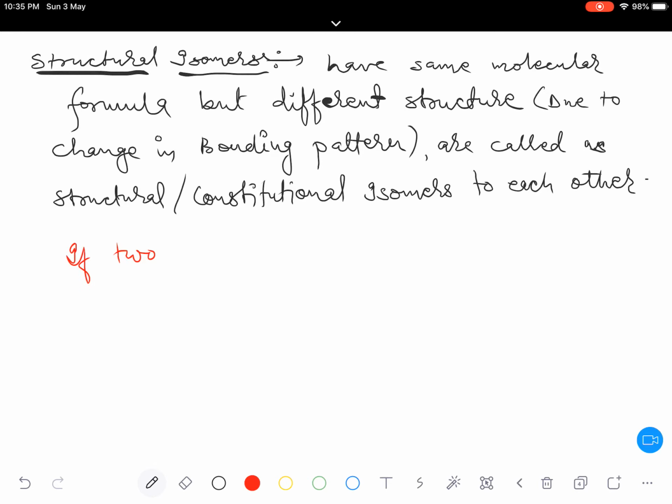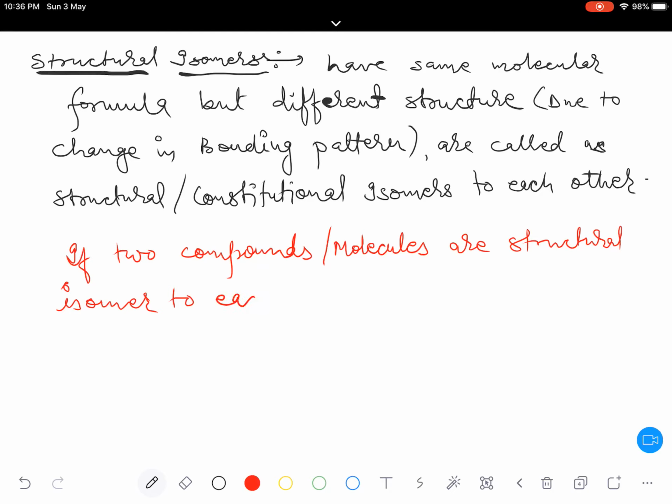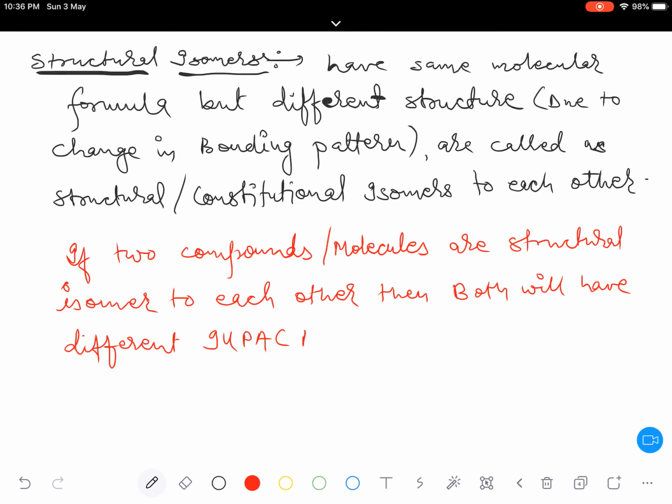If two compounds or molecules are structural isomers to each other, then both will have different IUPAC names. This is very important, you have to remember.